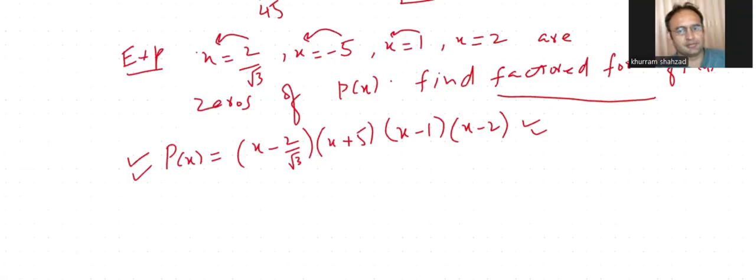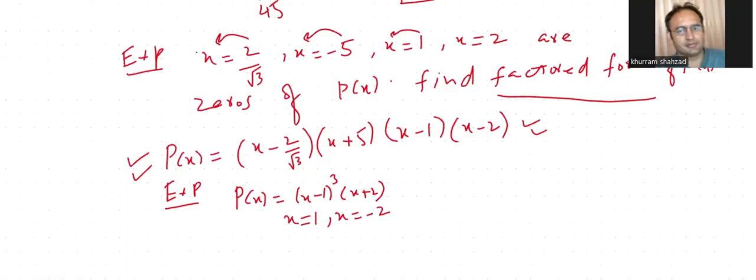Any polynomial of degree n will have a maximum of n factors, because a polynomial can also be of this form, like p of x is equal to x minus 1 cube times x plus 2. So what is the degree of this polynomial? The degree of this polynomial is 4, but its different zeros are x is equal to 1 and x is equal to negative 2.